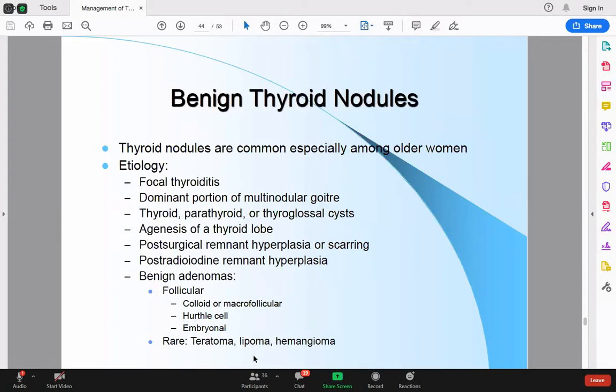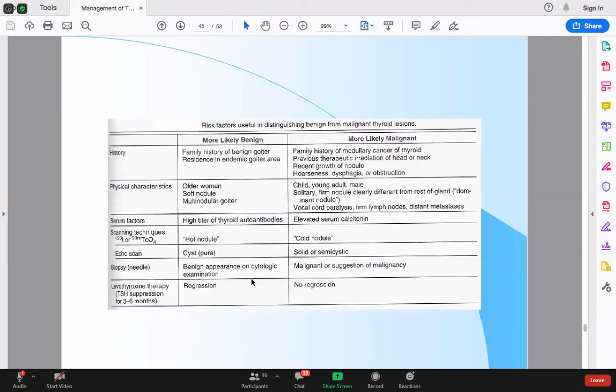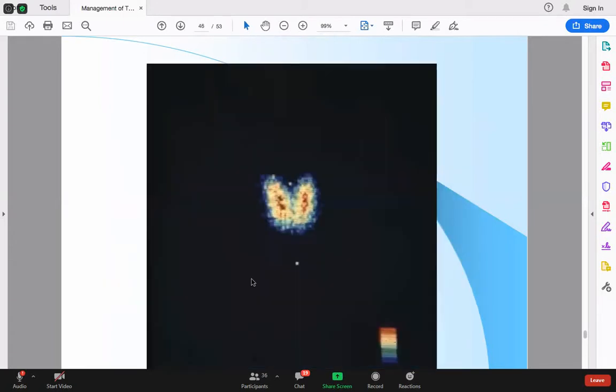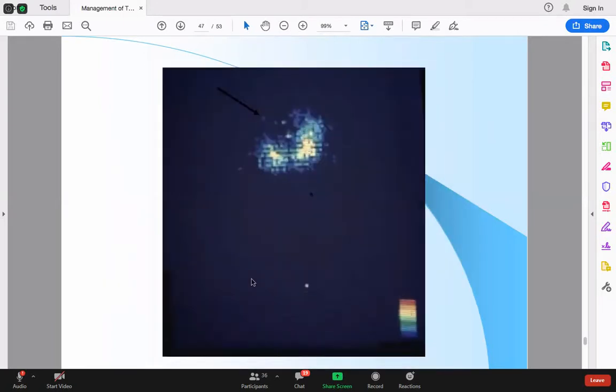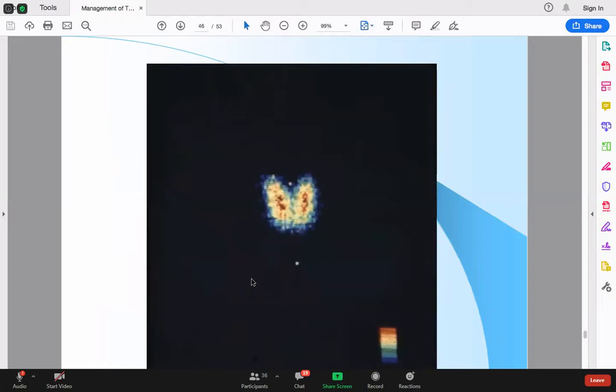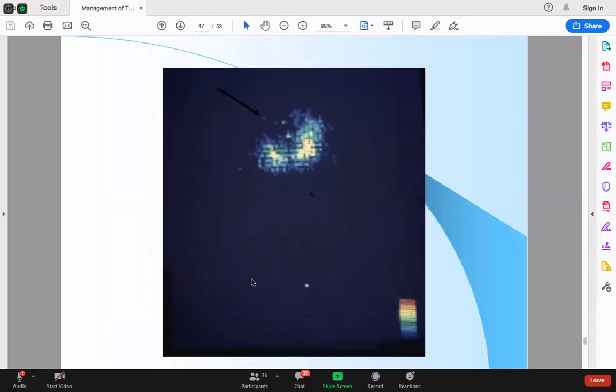So you may end up having the nodules sampled. Okay, you guys see here, this is basically the thyroid being very active. It can be Graves disease or multinodular goiter.